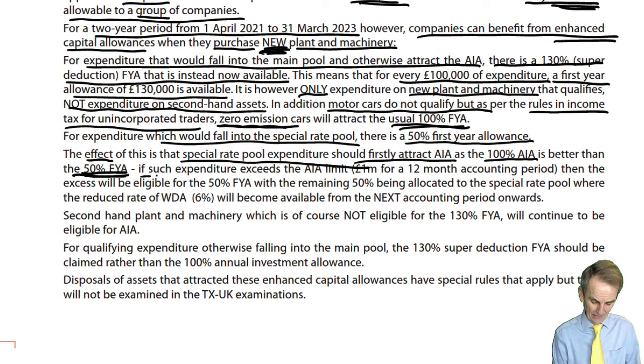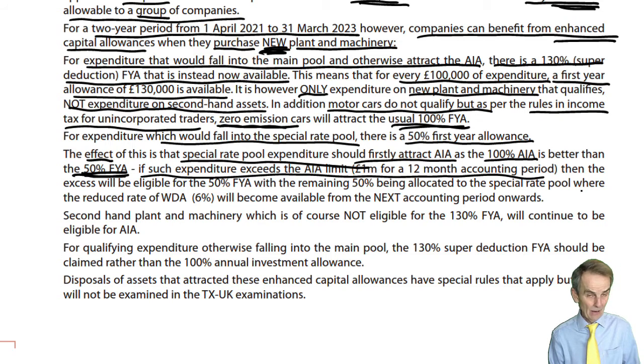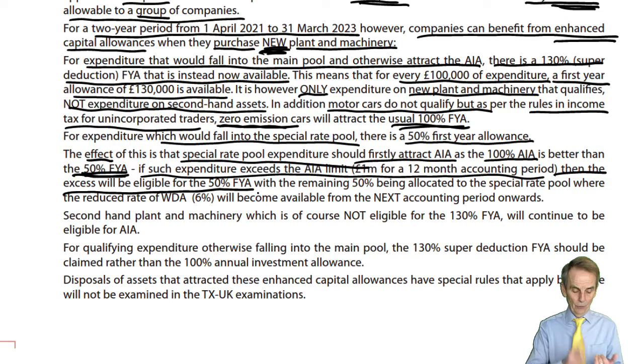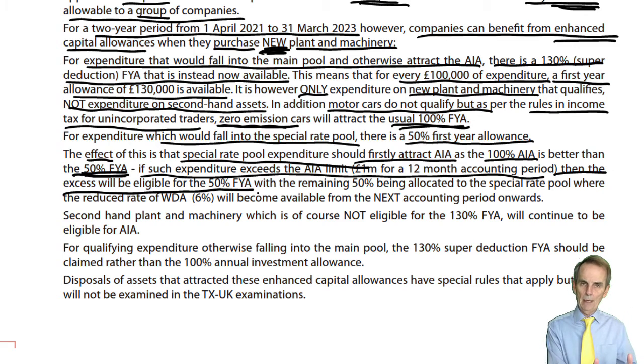Again, if such expenditure exceeds the AIA limit, as we've said, £1 million for the 12-month accounting period, then the excess will be eligible for the 50% FYA. So if we had, for a 12-month period, £1.2 million spend on special rate pool expenditure, we've got our £1 million AIA limit, get 100% of that million, the remaining £200,000, FYA 50%, take £100,000 first year allowance.